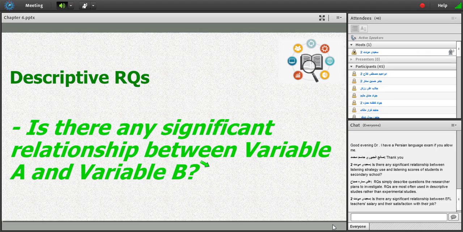Okay, now, can you write some examples in the chat box? Can you use this model that you see in the slide and write a research question in the chat box? This can be an exam question. I give you some variables, then I ask you to write a descriptive research question to find a relationship between these. So can you write a research question for the descriptive type, exploring the relationship?